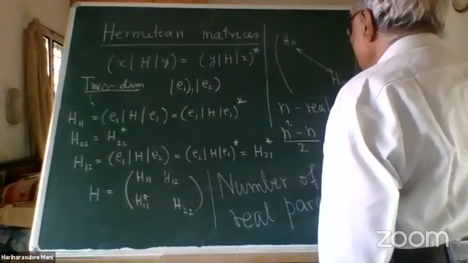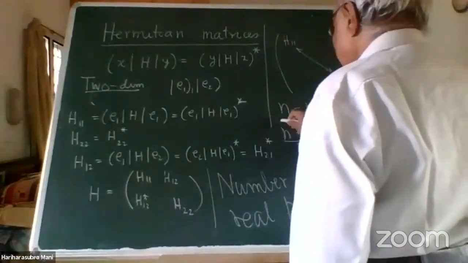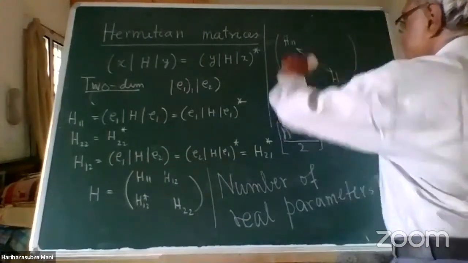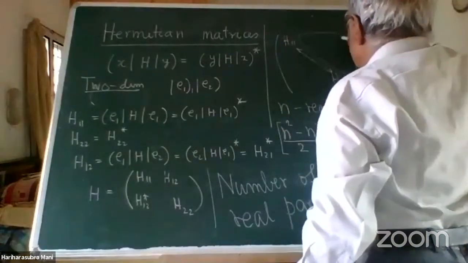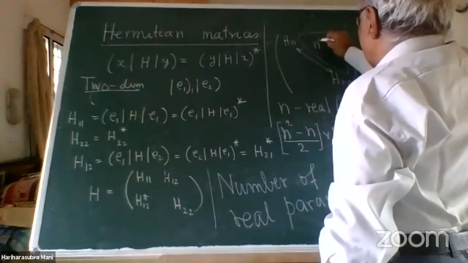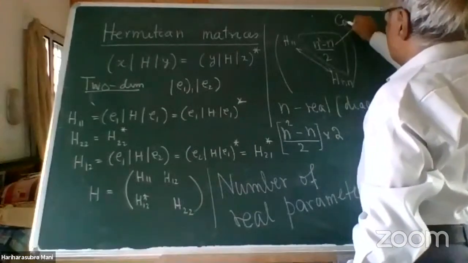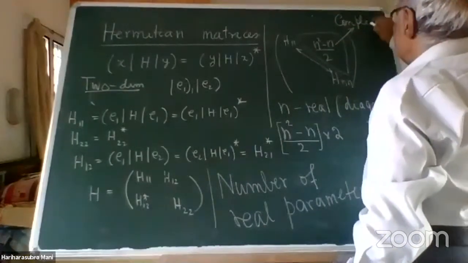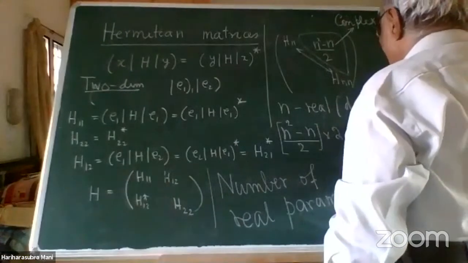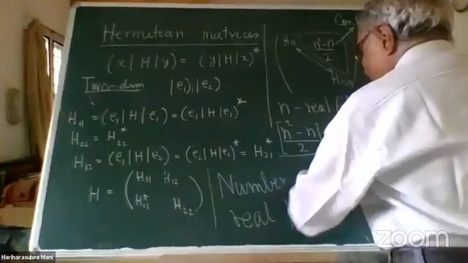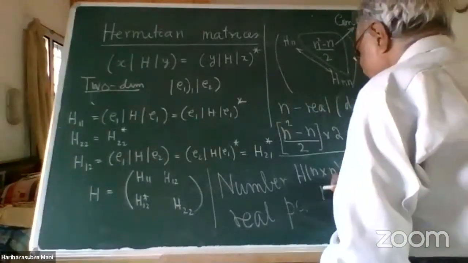So I just need so many parameters times 2, because so many complex numbers here. N squared minus n by 2 complex numbers. So the number of parameters is n squared minus n, and I add the n, I get therefore for an n cross n Hermitian matrix, n squared real parameters.